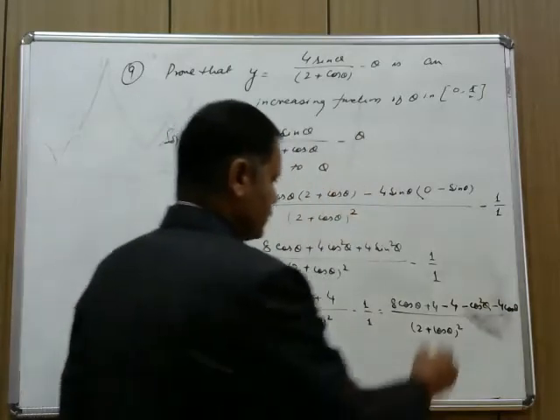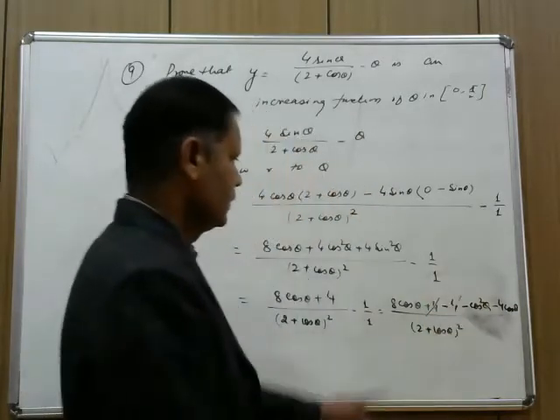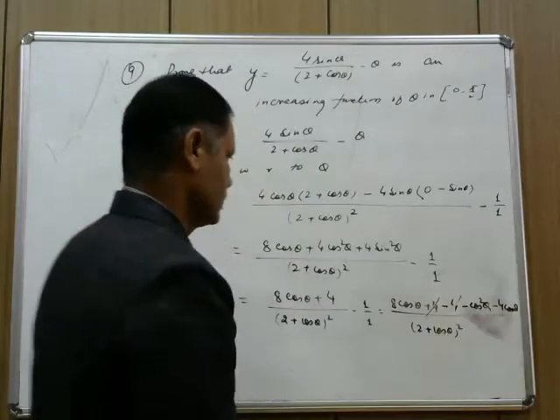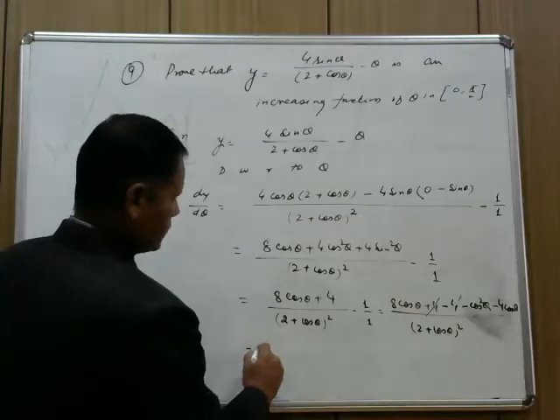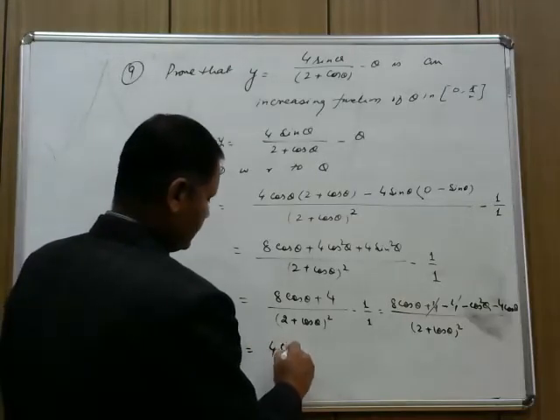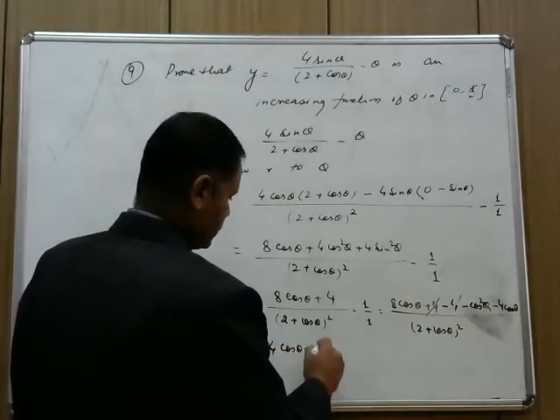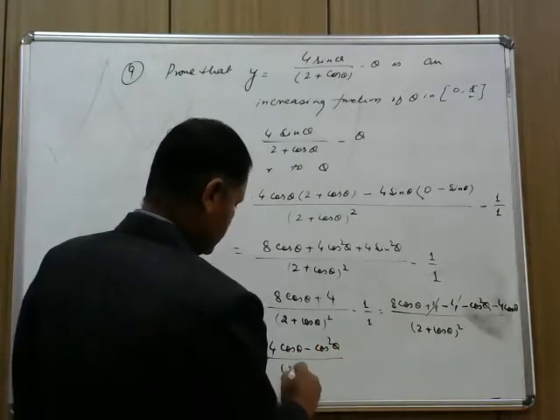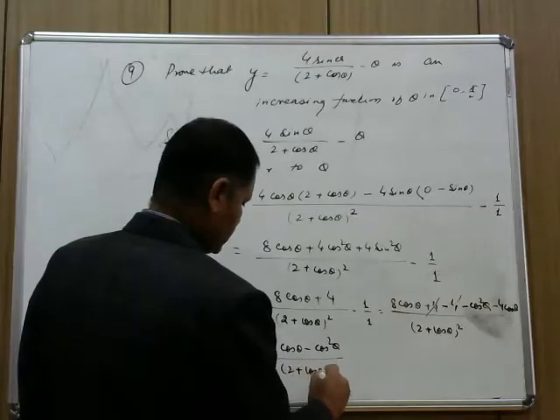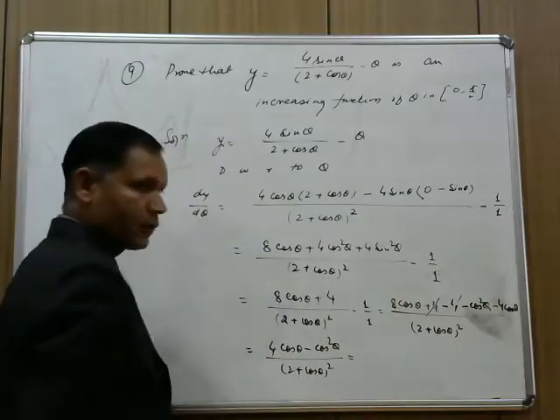Now tell me, plus 4 and minus 4 is cancelled. 8 cos theta minus 4 cos theta will have 4 cos theta minus cos square theta, whole divided by 2 plus cos theta whole square. Here can I have common cos theta?